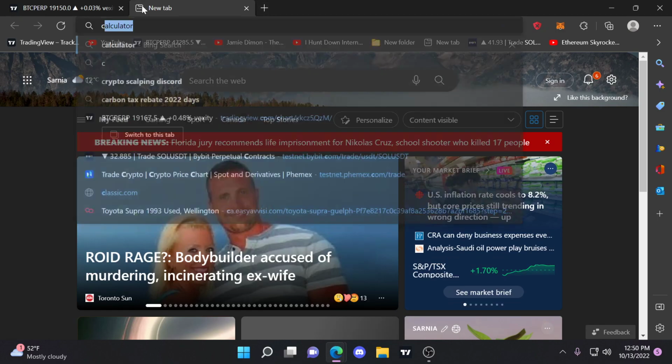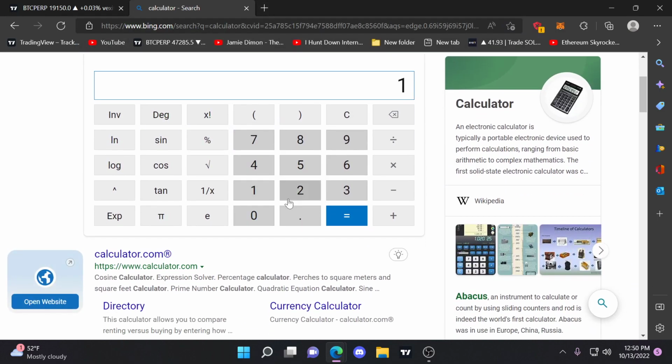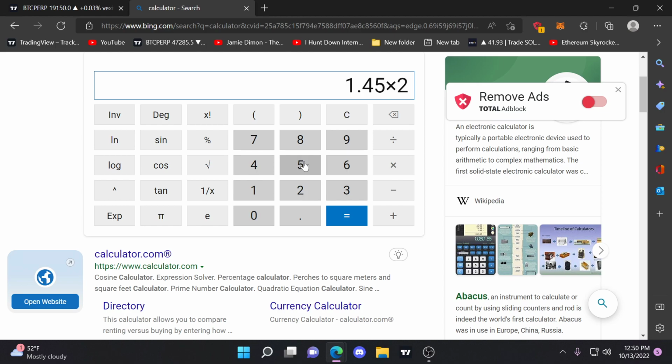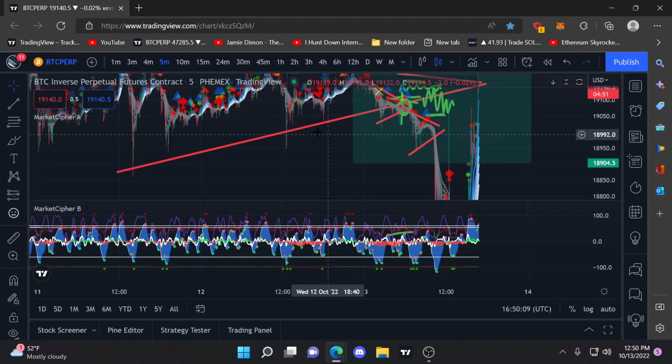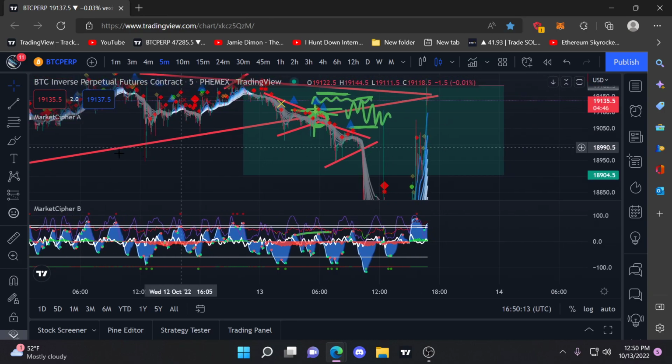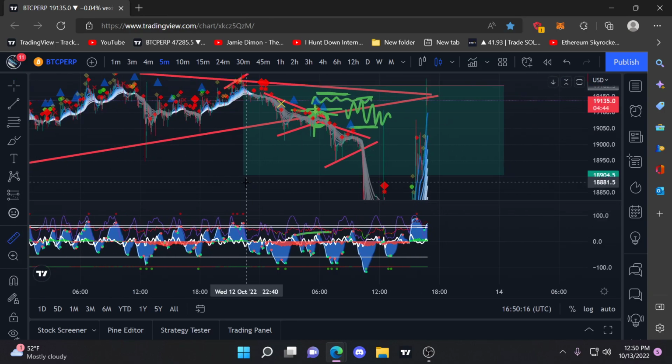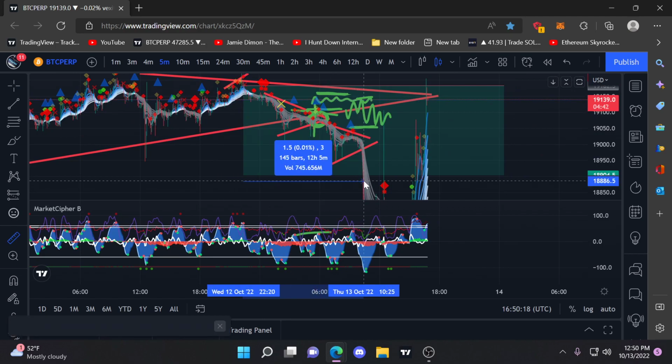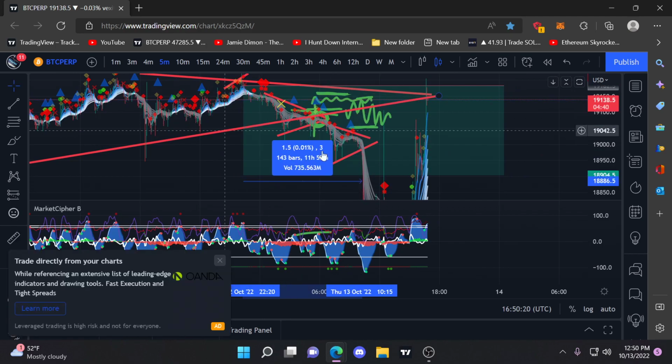You know that 25x leverage? Let's do the math right here. Calculator. 1.45 times 25x leverage: 36%. How long did that take? 12 hours. 36% in 12 hours.